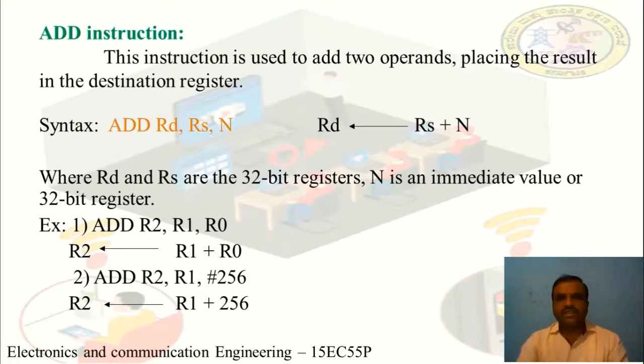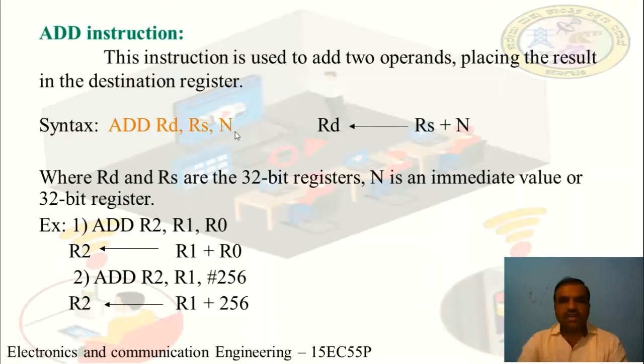Next instruction is the add instruction. This instruction is used to add two operands, placing the result in the destination register. General syntax of the add instruction is: first you have to use the keyword add, next destination register, operand 1, operand 2. Destination register and operand 1 must be registers.